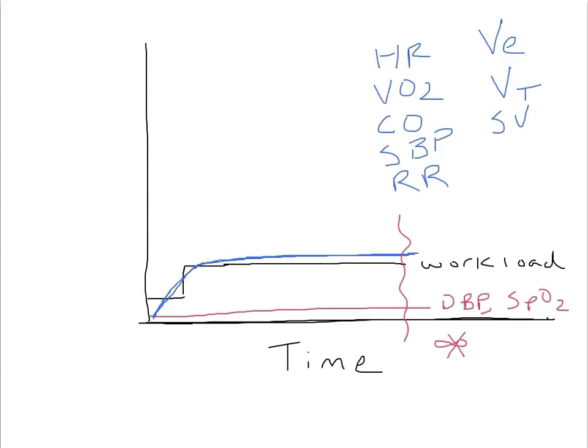Now, most activities of daily living could be said to be a constant workload activity. It's important to mention that for a lot of the activities you would be monitoring these responses for, they get to a certain level and they stay there.